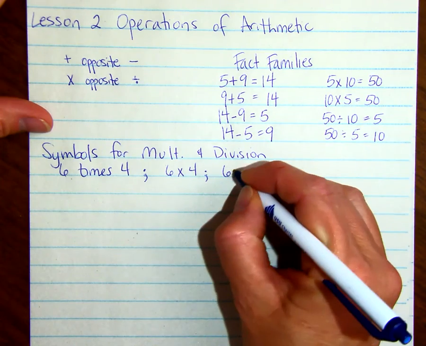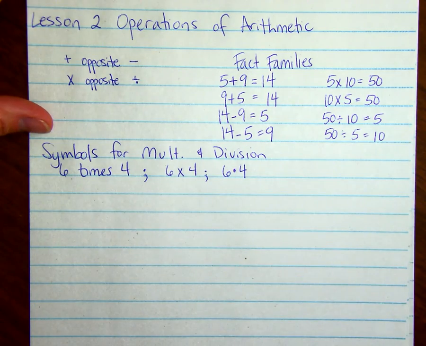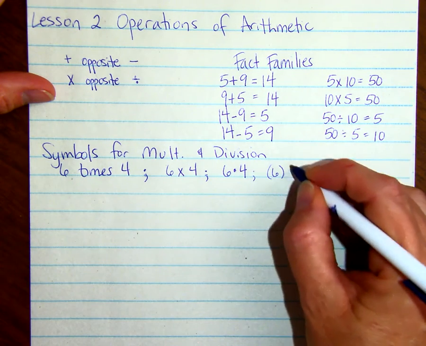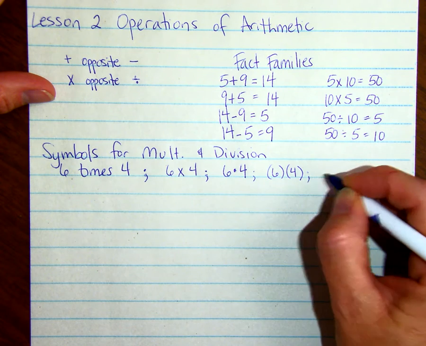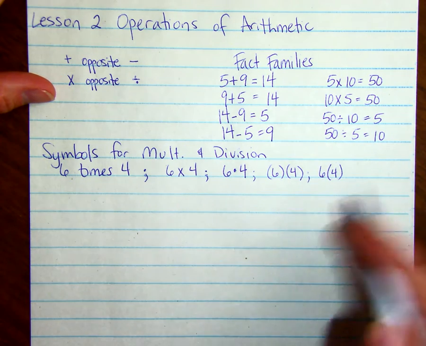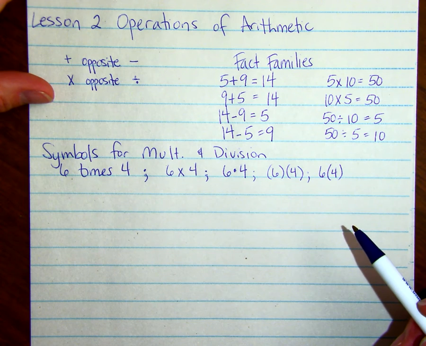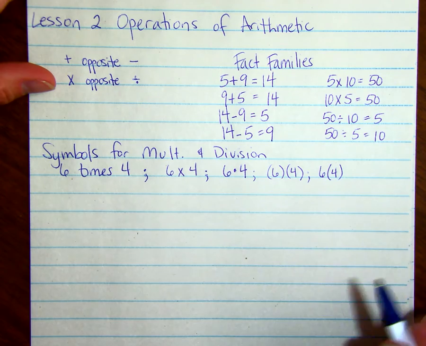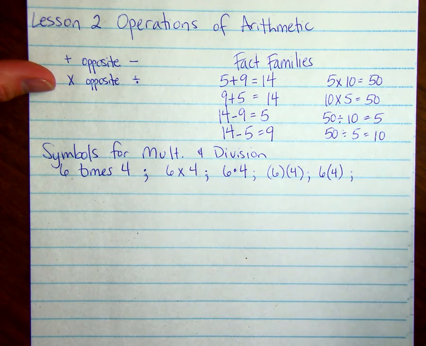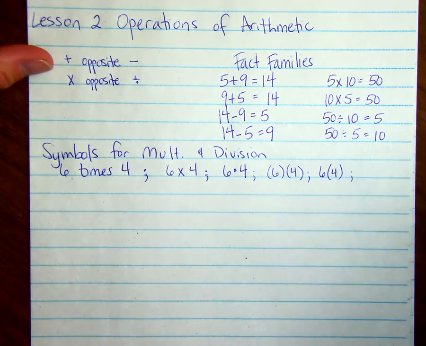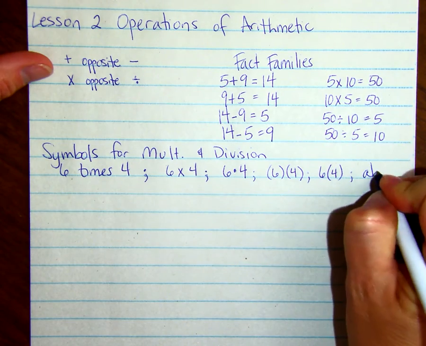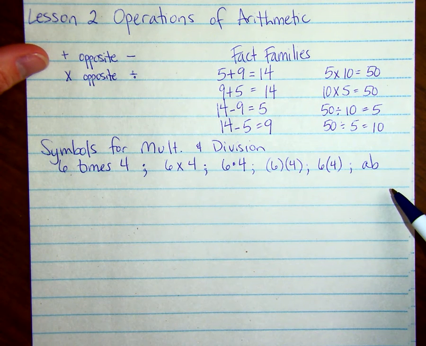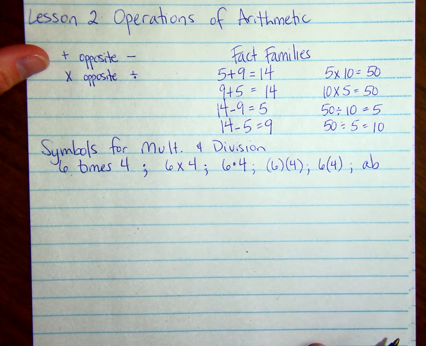You can use a dot to show times, 6 times 4. You can just put them in parentheses. You could put both in parentheses, or you could just put one in parentheses. Either way, that means multiply. So if a number is right next to a set of parentheses, that's going to tell you to multiply. And when you're using variables, which are usually letters, this would be an example where I would take A and times it by B, which we'll see more of as we go.